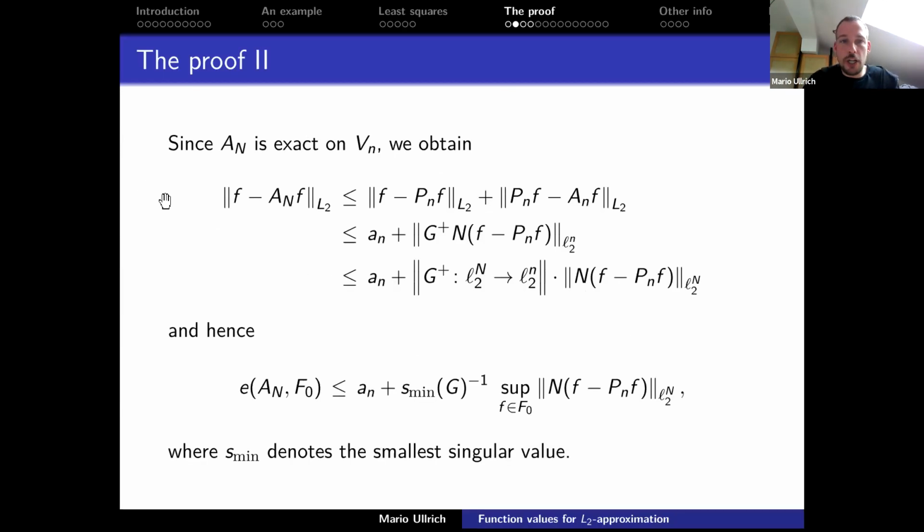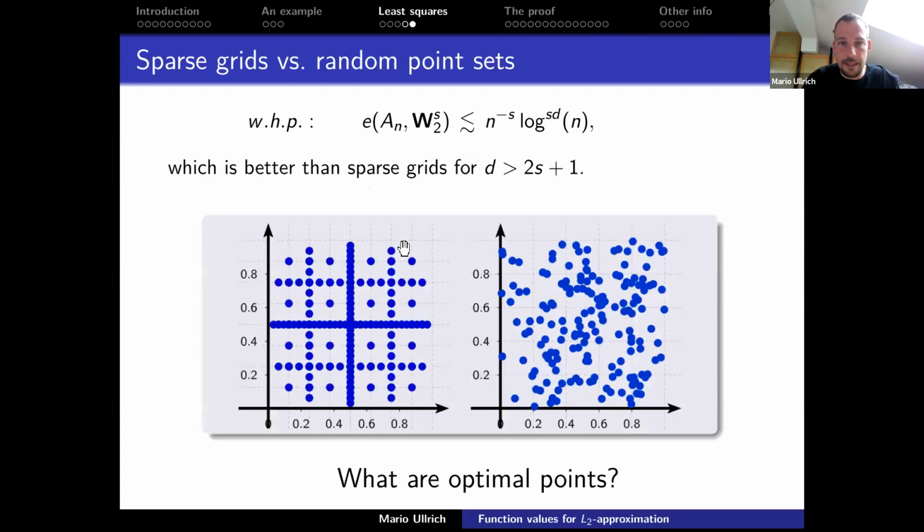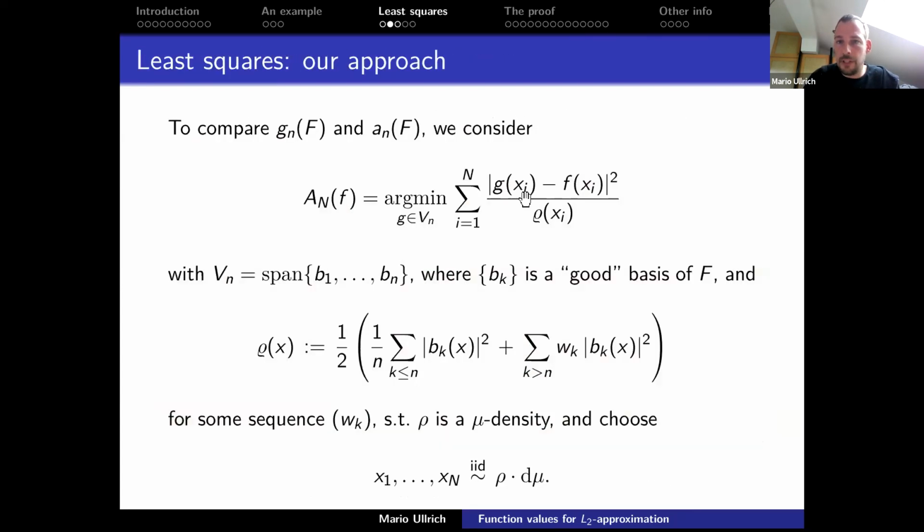And if I now want to check what is the error of this algorithm, what is the L2 error of the approximation? You just use the basic triangle inequality. In this step, you use that the algorithm is exact on the space Vn. Oh, wait, maybe I haven't said that. It's obvious from the definition.